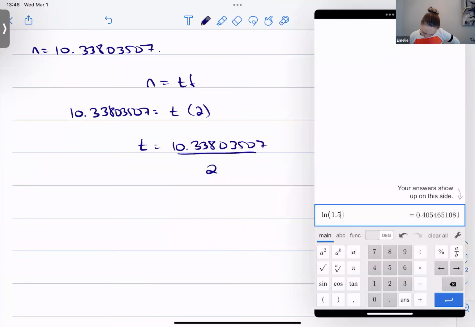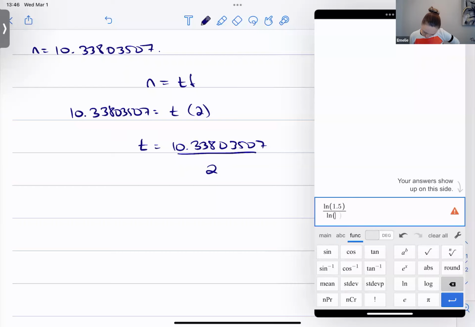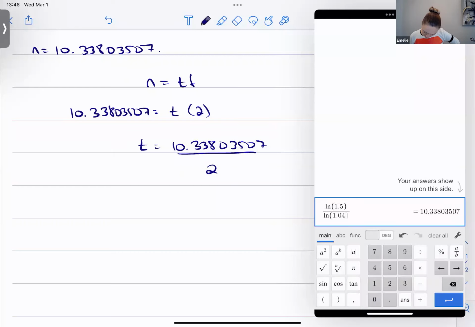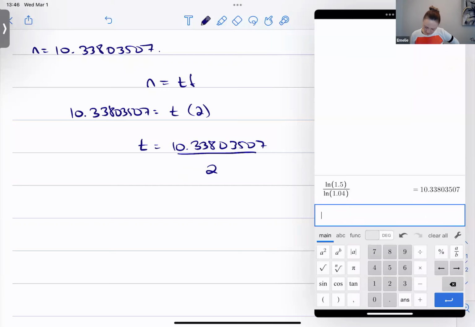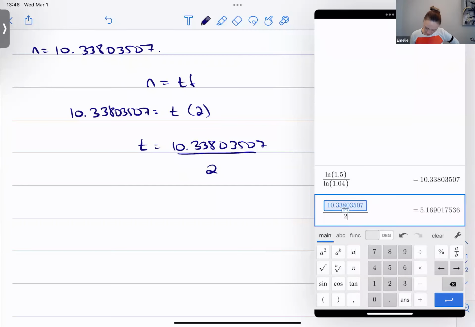I'm just going to recreate the magic here. Log of 1.5 divided by the log of 1.04. That divided by 2 is 5.169 years. Usually it's fine to use a decimal.